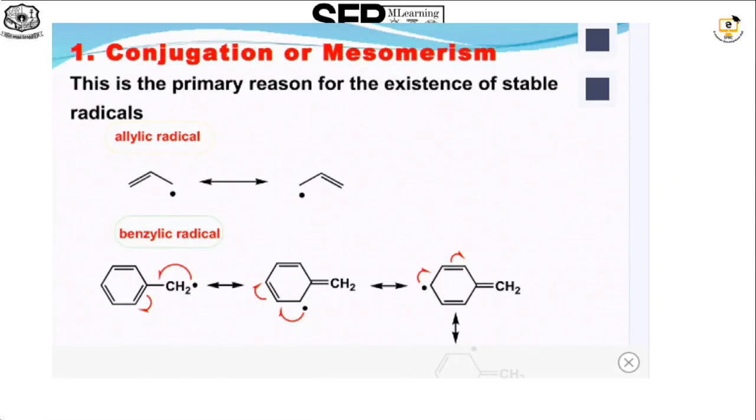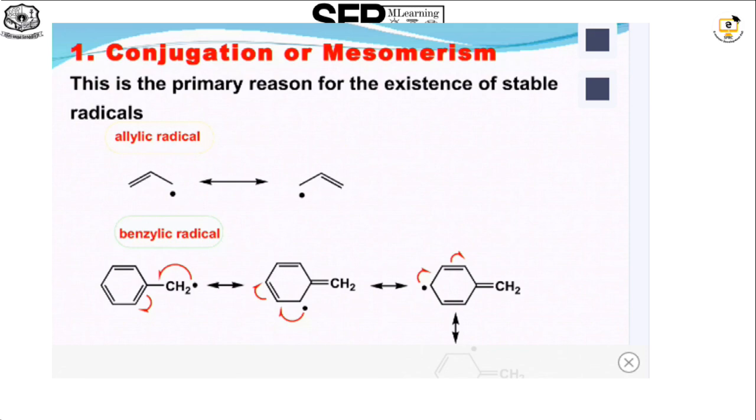For example, the allyl free radical has increased stability compared to other free radicals such as vinyl. Allyl free radicals have alternate double and single bonds, so the conjugated system gives stability to the free radical. Another conjugated system is the benzylic radical.